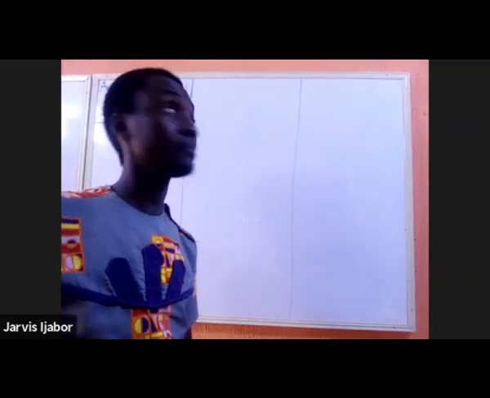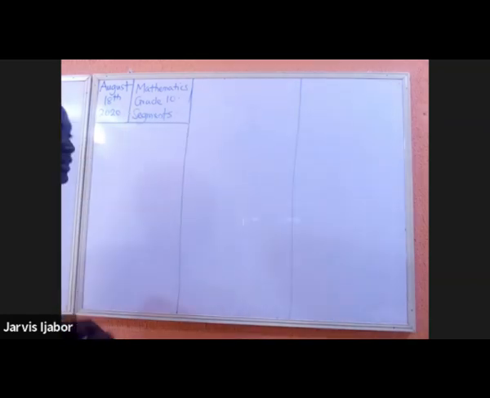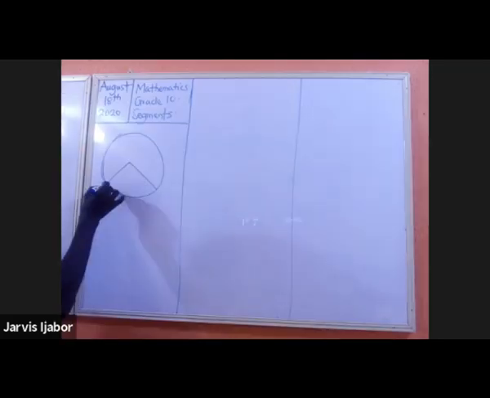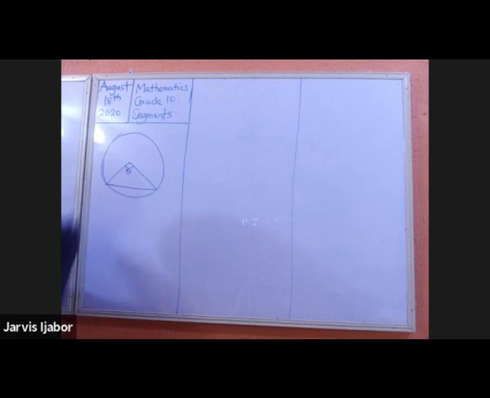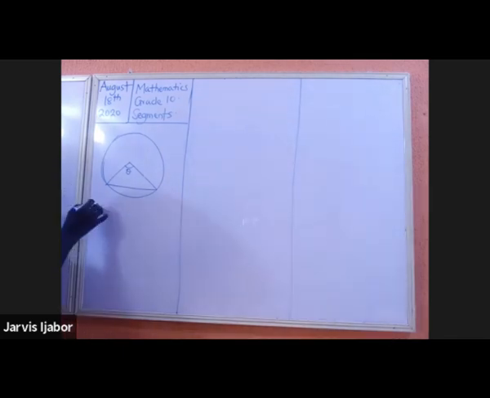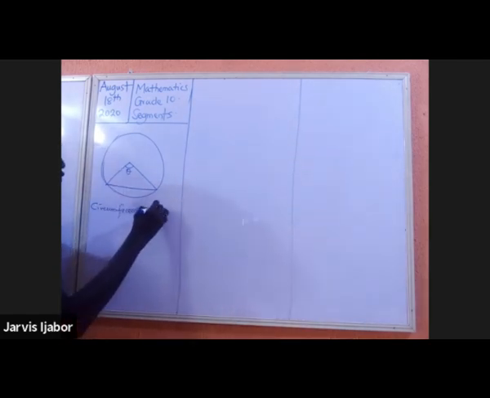Okay, so we're on to grade 10 mathematics, and we'll be looking at segments, and that will help us stretch out to other topics. Now, every time you have a circle, we know that the circumference is equal to 2 pi r.